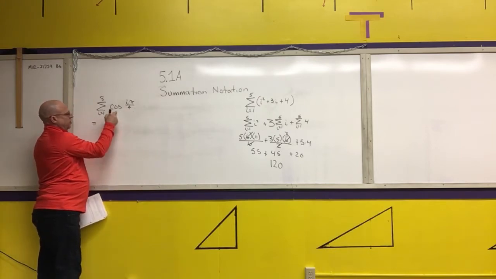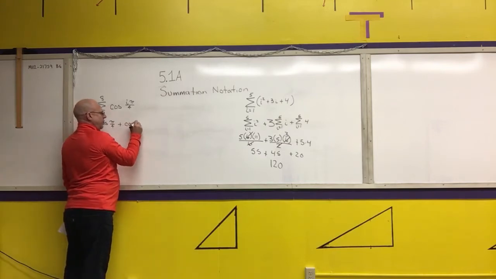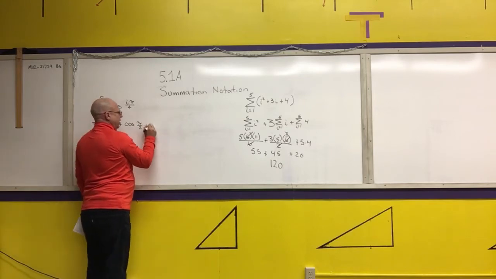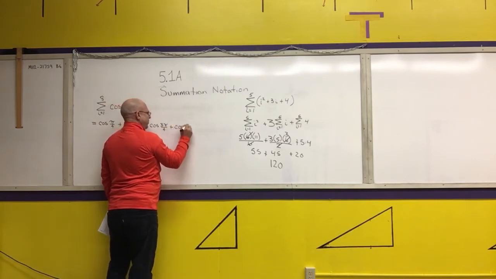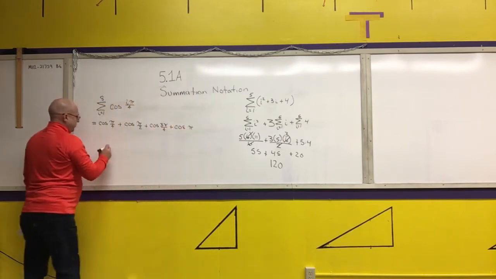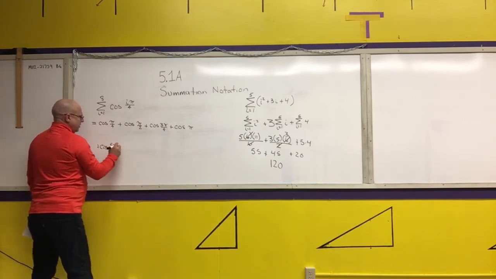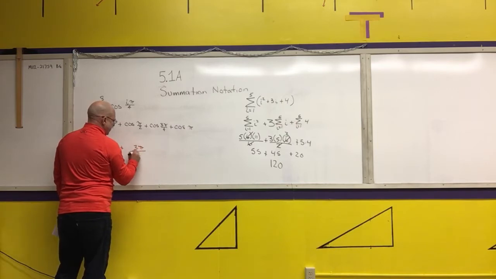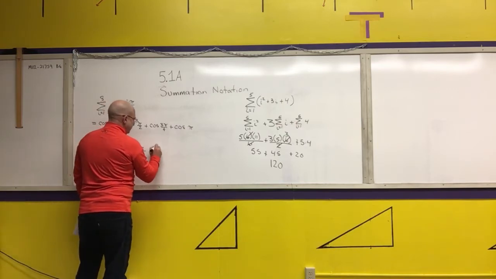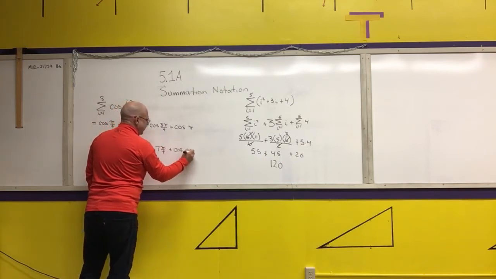So this is what they're telling me is they want to know what the cosine of 1 pi fourth plus the cosine of 2 pi fourths plus the cosine of 3 pi fourths plus the cosine of 4 pi fourths, and we'll do 5 pi fourths plus the cosine of 6 pi fourths. 6 fourths is 3 halves, plus the cosine of 7 pi fourths, plus the cosine of 8 pi fourths.